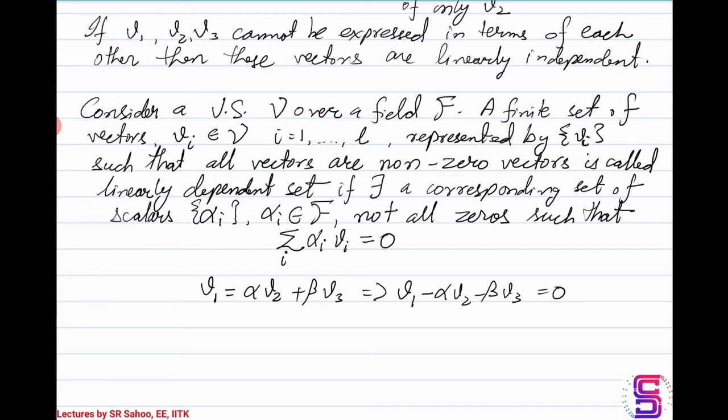So I can write this as the sum of i equal to 1 to 3 of alpha i vi equal to 0, where alpha 1 is 1, alpha 2 is minus alpha, and alpha 3 is minus beta.